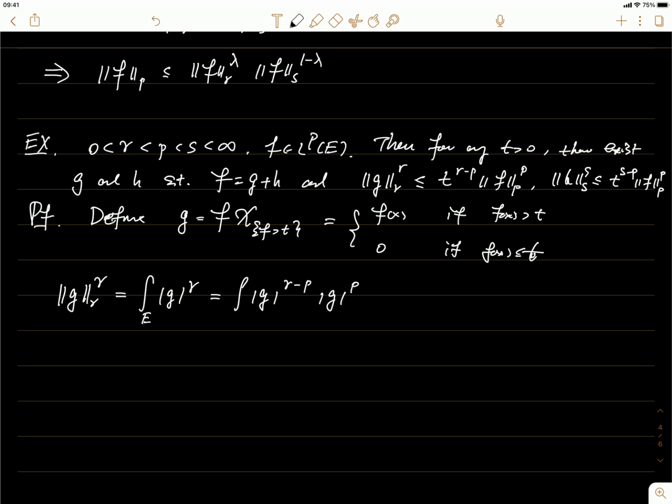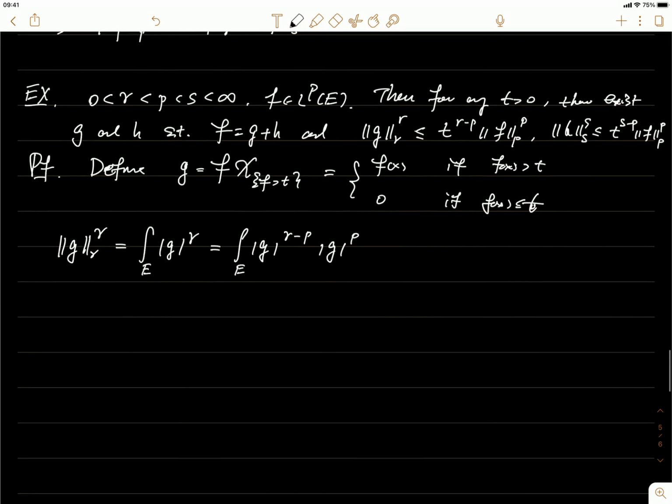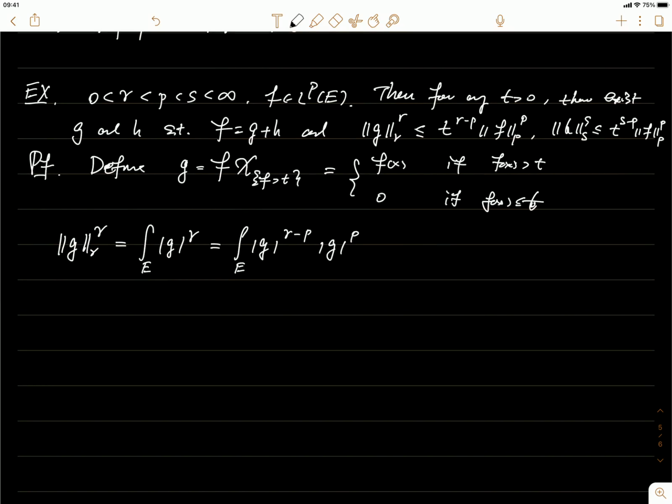They are all on E. And now I know that g will be 0 when it's outside of this set, so actually I can just rewrite this as over the set f bigger than t, g^(r minus p) times g^p. And I know that over this set, g is just equal to f, so I can actually replace this by f, since g is equal to f over this set.